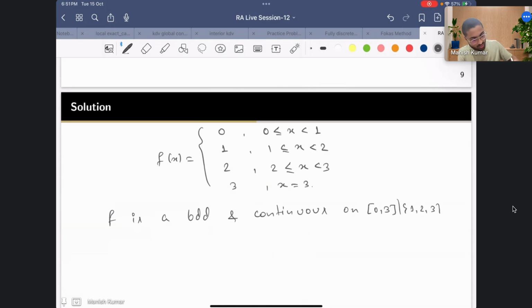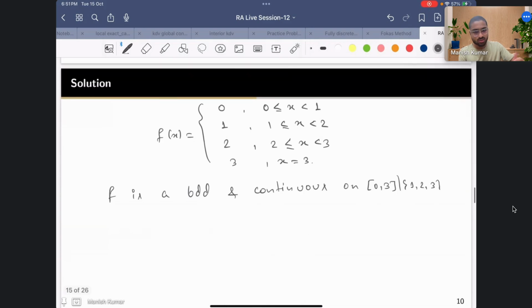So there are 3 points of discontinuity. That will not matter. This would imply that f is Riemann integrable, because f is almost everywhere continuous. Okay. Now what would be the integral value?